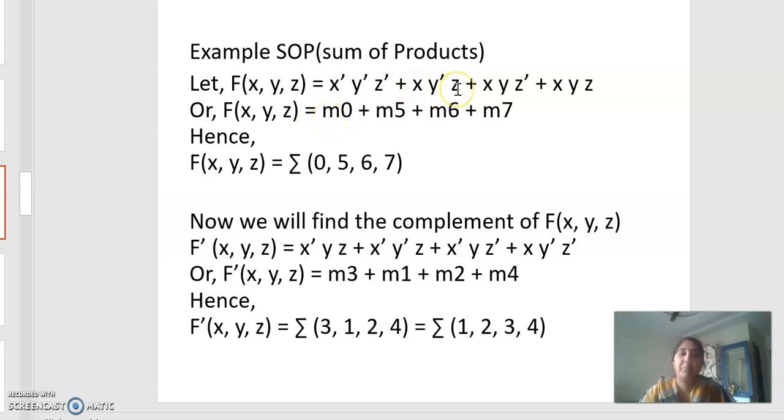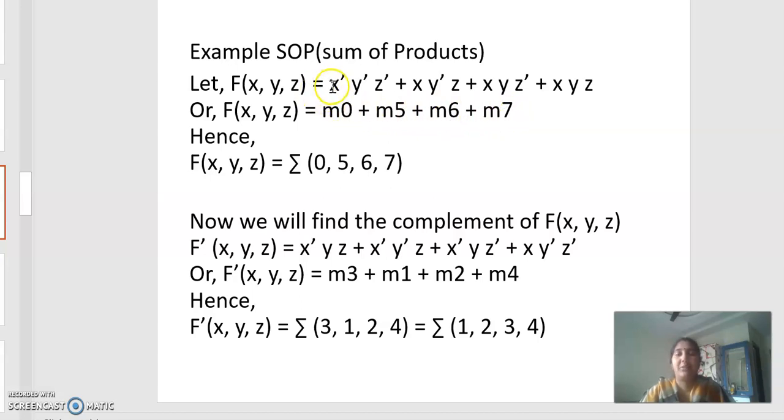Similarly, this particular term represents 1, 0, 1, which represents m5. Similarly, 1, 1, 0 represents m6, and 1, 1, 1 represents the minterm m7. So we can write the expression as m0 plus m5 plus m6 plus m7.